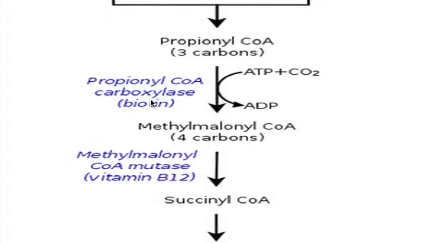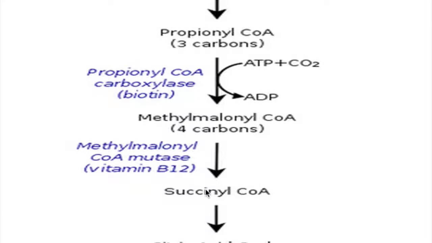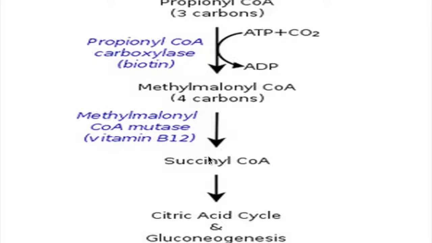Biotin is a cofactor. And then methylmalonyl-CoA is converted to succinyl-CoA by the enzyme methylmalonyl-CoA mutase. This is the step where this enzyme requires vitamin B12 for the conversion of methylmalonyl-CoA to succinyl-CoA.